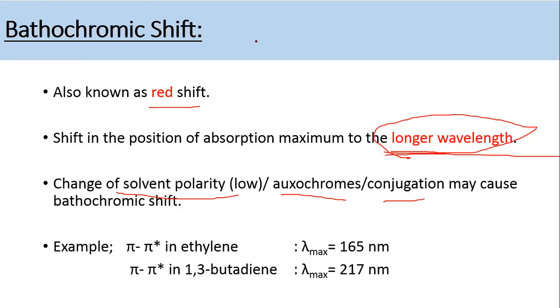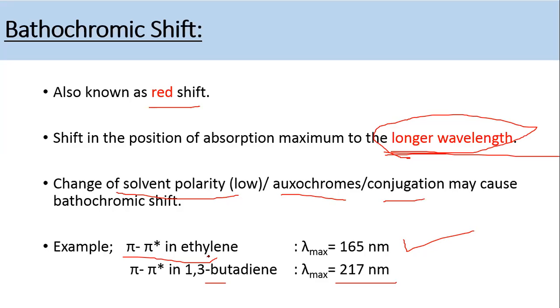Now to understand this, let's have a look at an example. The pi to pi star transition in ethylene generally takes place at 165 nanometers, but the pi to pi star transition in 1,3-butadiene is generally observed at 270 nanometers.